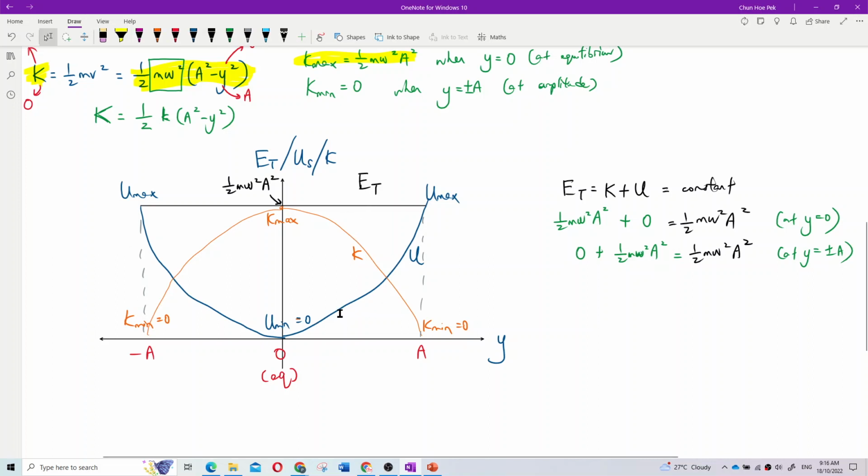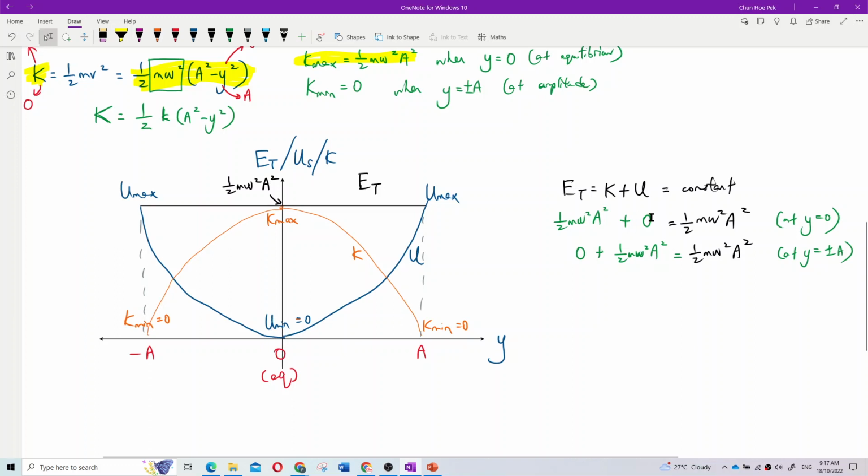Okay. That means at any time, at any displacement, the potential energy plus kinetic energy always equals the total energy. It is always constant all the time. Okay, the U max equals half m omega square A square. The K max also equals half m omega square A square. You see, K is maximum when potential energy is 0.